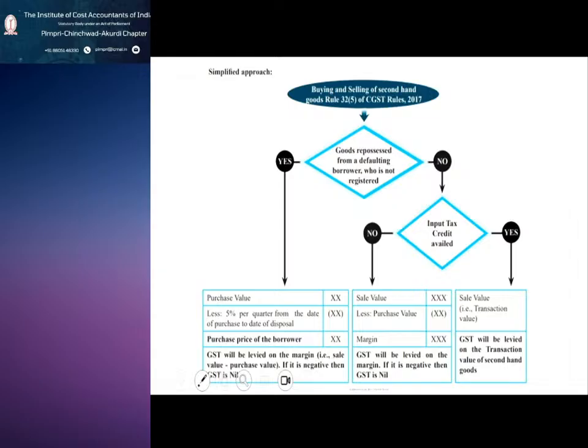For me no GST. You are the dealer, you will be paying the GST to the department now. When you purchased a new one, that time also GST is paid, and again when the dealer is selling that new one, yes.